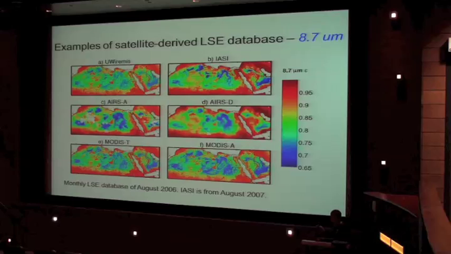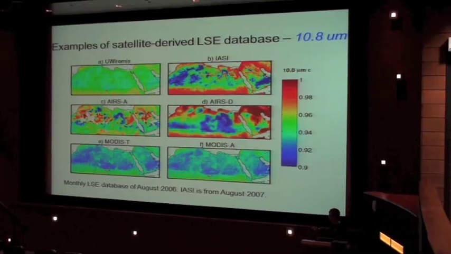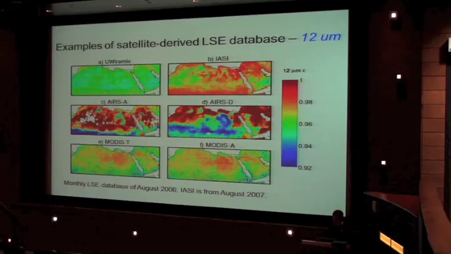I would like to say they look somewhat different. And for 10.8, maybe they look quite different. For 12, except the bottom two, the MODIS, they are very different. So if you are a user and you look at this, you will have the question: which one of them has the best quality and which one should we use?